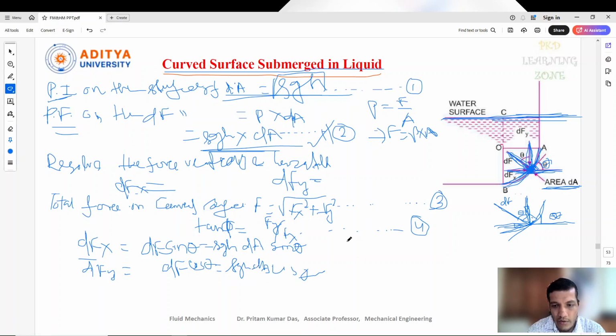Now we can say the total force in the x and y direction. So the total force which is acting in the x direction and in the y direction, we can identify from this diagram.